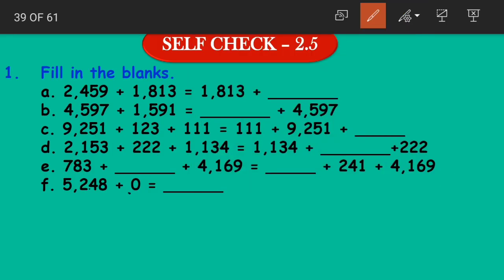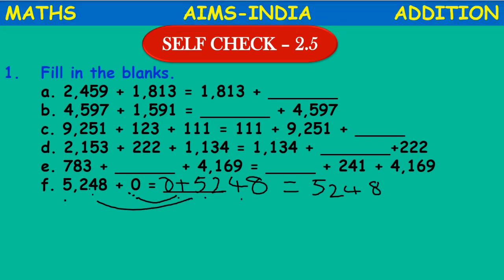Whenever we add a number to 0, or add 0 to a number, the answer will be the number itself. 5248 plus 0 can be written as 0 plus 5248, which is again equal to 5248 only. No matter what, as we are adding 0 in both cases, the answer will be the number only.